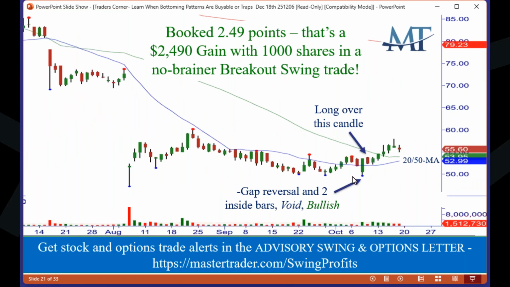What is my tail? 20 MA flattened out, made a new low, 1, 2, 3, 4, no brainer long. I have so much confidence in technical trading when I see it, like my pilot friends with 40,000 hours.